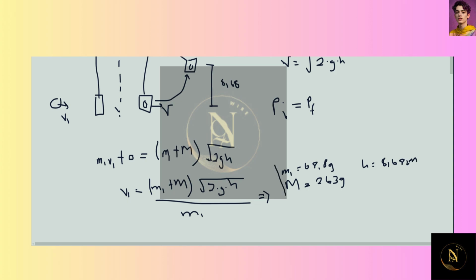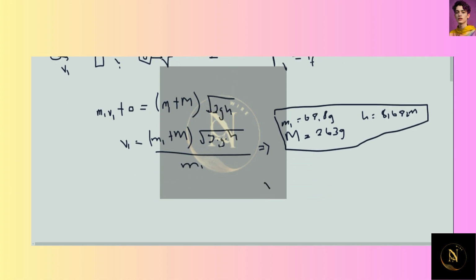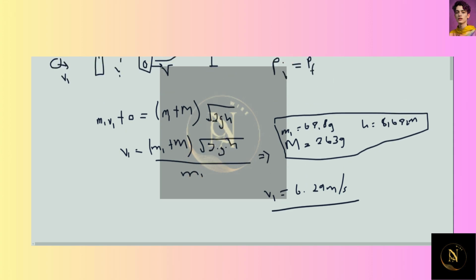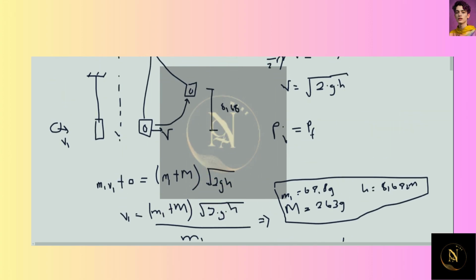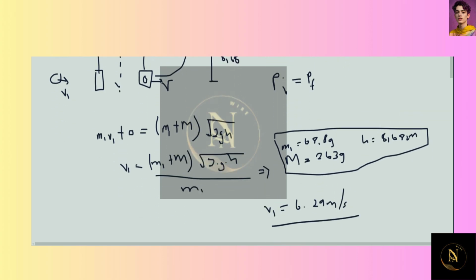If you plug these values into this formula, you will see that your V1 is actually 6.29 meters per second. So this is how you work backwards from the ballistic pendulum side of things.